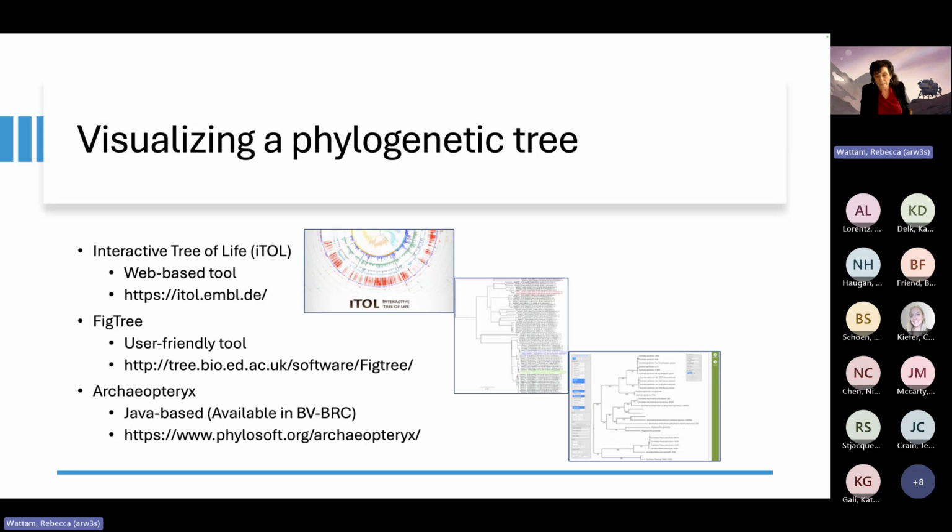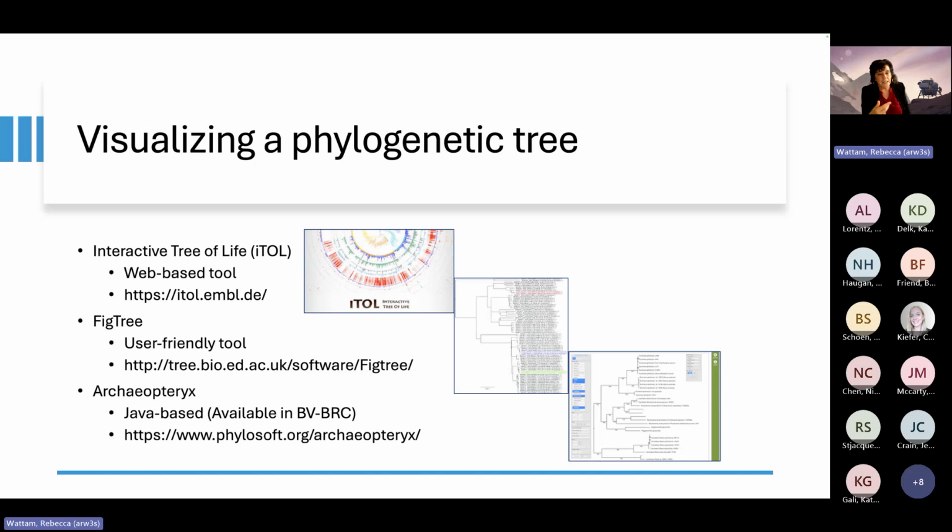So once you've run the pipeline, you still don't see the tree. You have to have another piece of software to do that. Now, I've just listed a few here. I know you guys like iTOL, and I know you have a license for it. I used to really love iTOL before it went behind a paywall, so I stopped using it at that point.